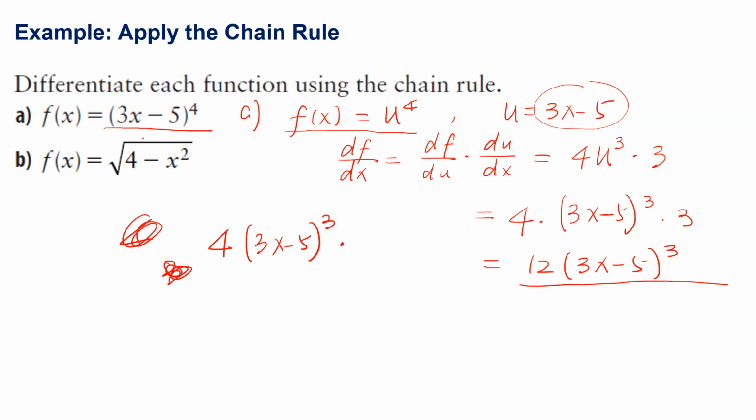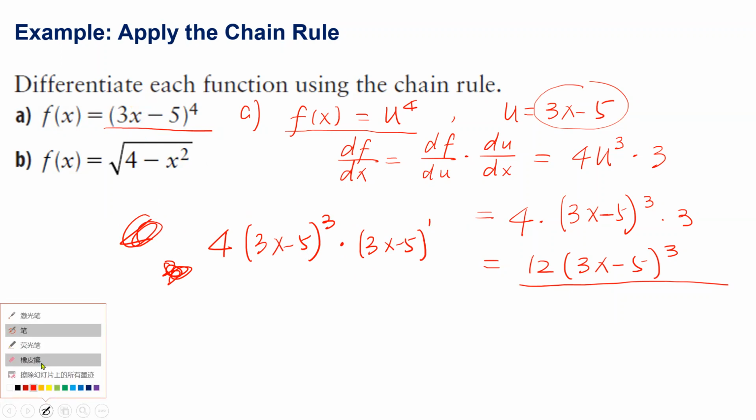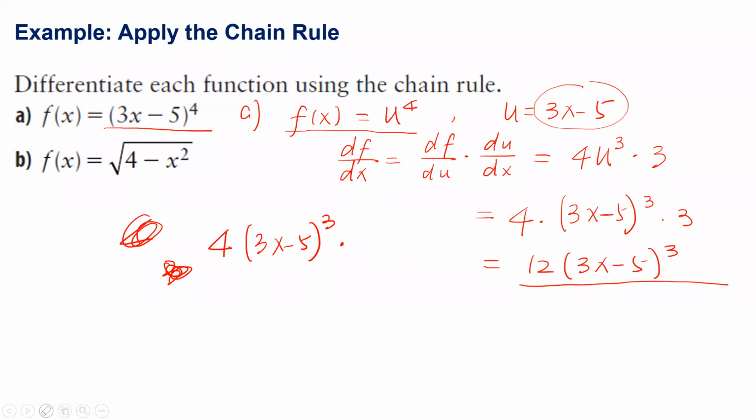Then times the derivative of the interior function with respect to x, which means 3x minus 5. The derivative of this function with respect to x gives us 3, right? So if you are very familiar with the chain rule now, you can also directly express the derivative of f(x) with respect to x as this. You don't have to explicitly use the notation u here. You understand?